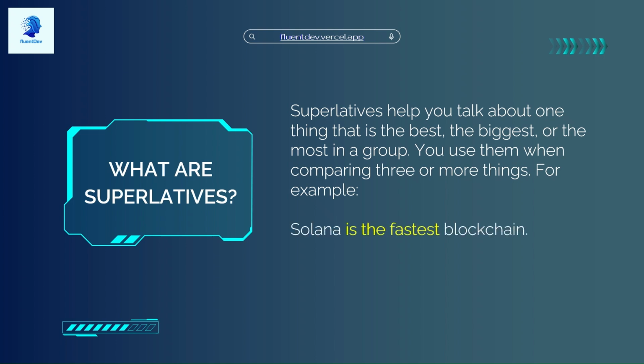For example, Solana is the fastest blockchain. So in this case, we're comparing Solana to all the other available blockchains, and we're making the statement that we believe Solana among them is the fastest. Or we might say Bitcoin is the most secure.